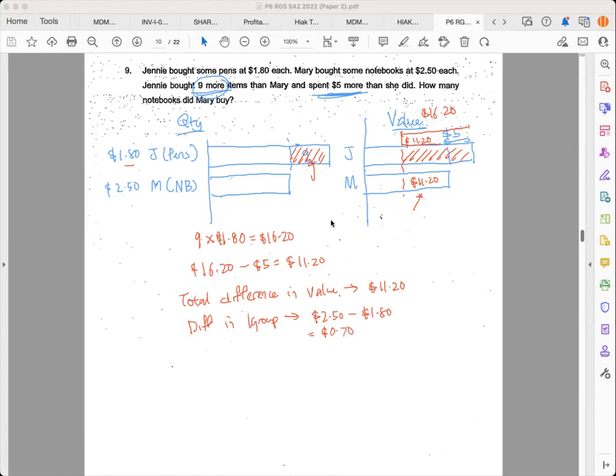So difference in one group is 70 cents. The number of groups is $11.20 divided by 70 cents, and you get 16 groups. So there are 16 groups here.